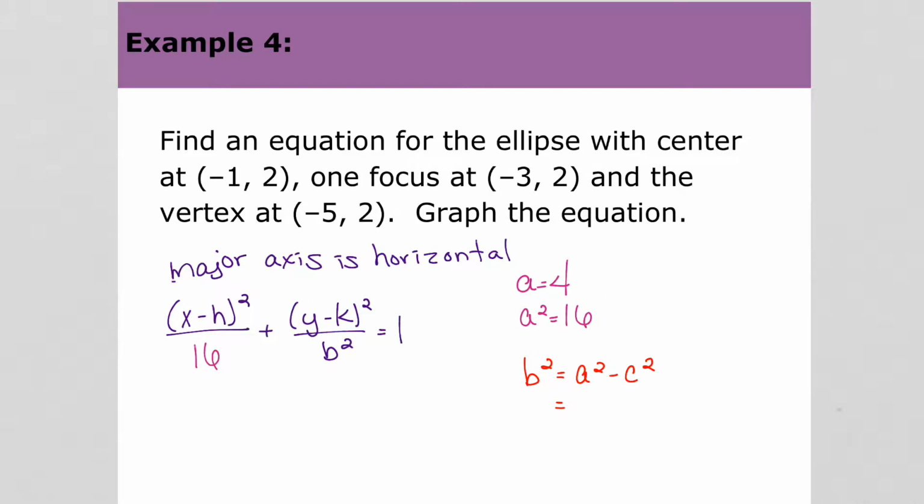So that's 16 minus, we were told that C was 2 from our graph, so C squared is 4. And so B squared is 12.